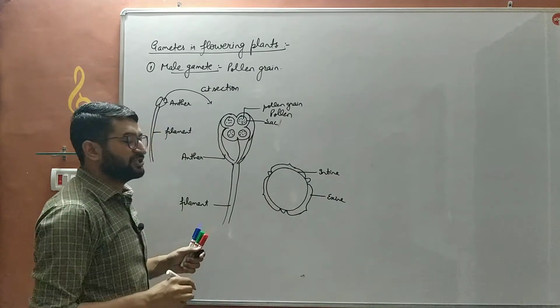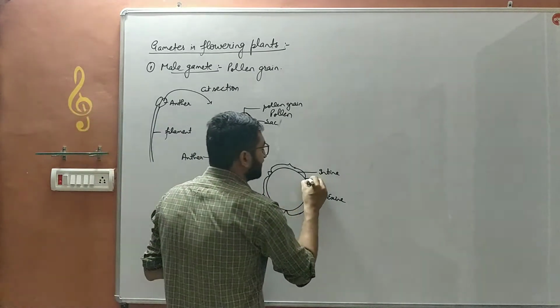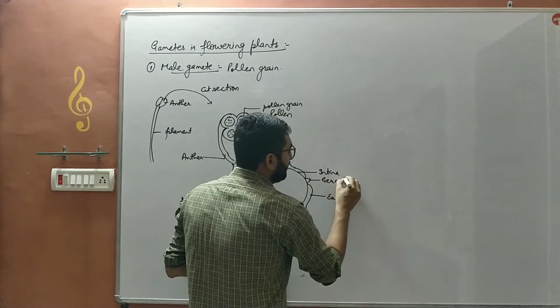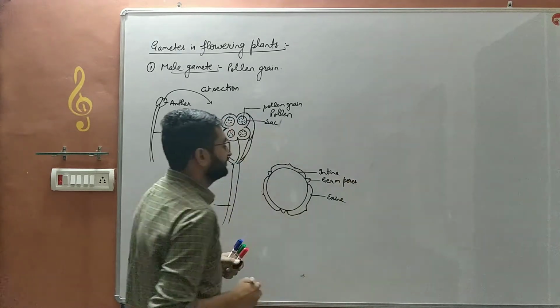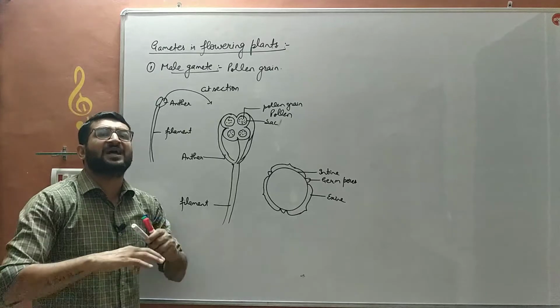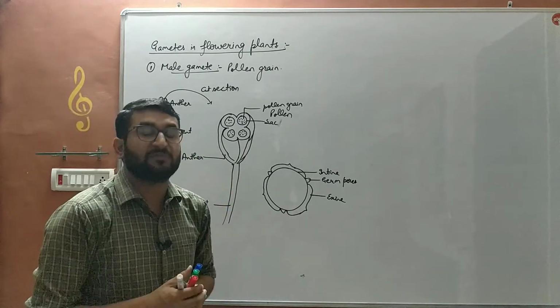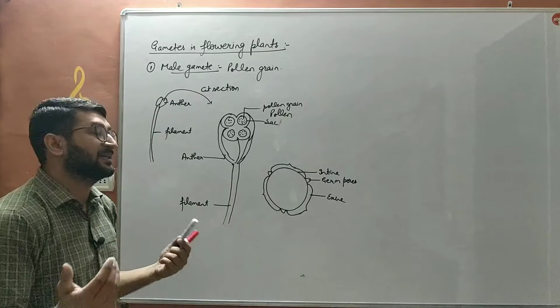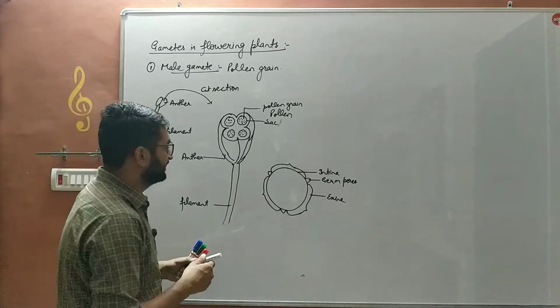Between these layers there are certain pores present and these are known as germ pores. Intine and exine protect the pollen grain from the environmental changes, from the atmospheric changes in case of unfavorable conditions.